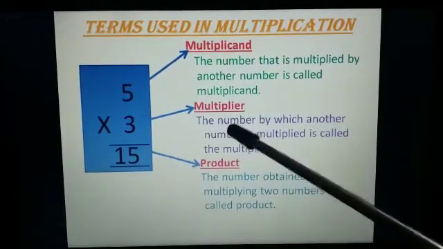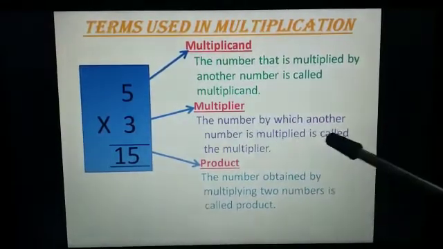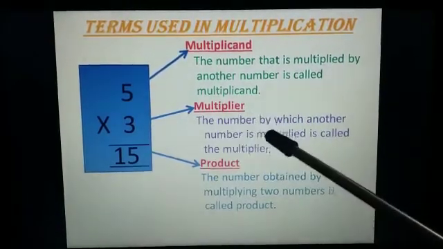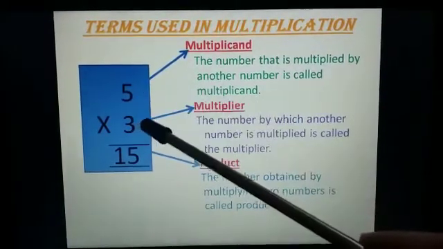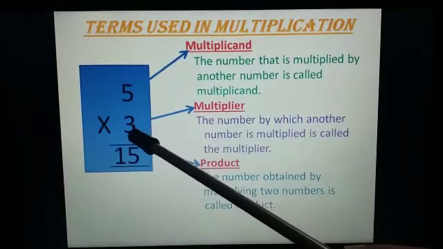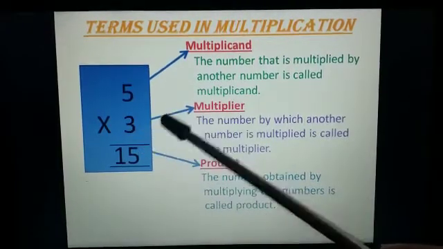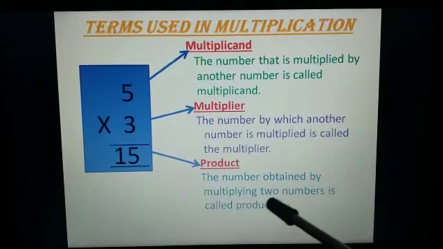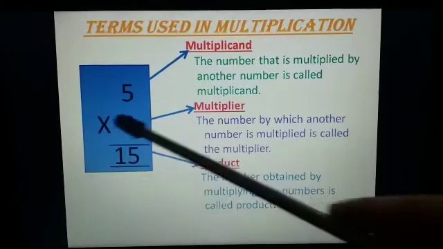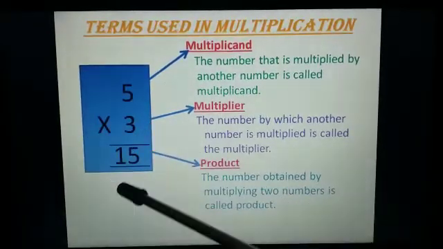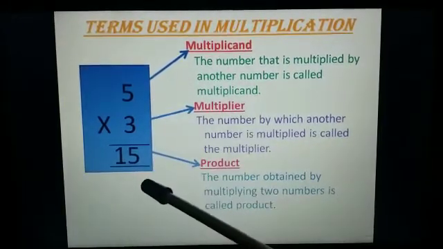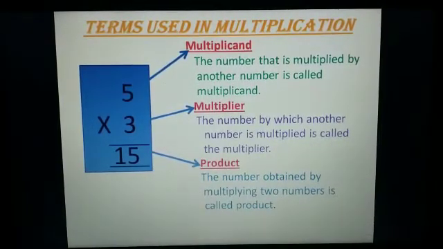And the number by which another number is multiplied is called multiplier. यानी जिस नंबर से, by means से, जिस नंबर से हम मल्टीप्लाई कर रहे हैं उसे हम मल्टीप्लायर कहते हैं. And the number obtained by multiplying 2 numbers is called product, or the result of multiplication is called the product. जो आंसर हमको मिलता है मल्टीप्लाई करने के बाद, that is called product.